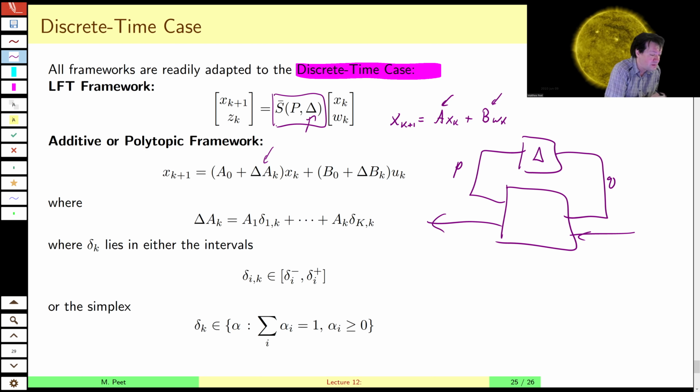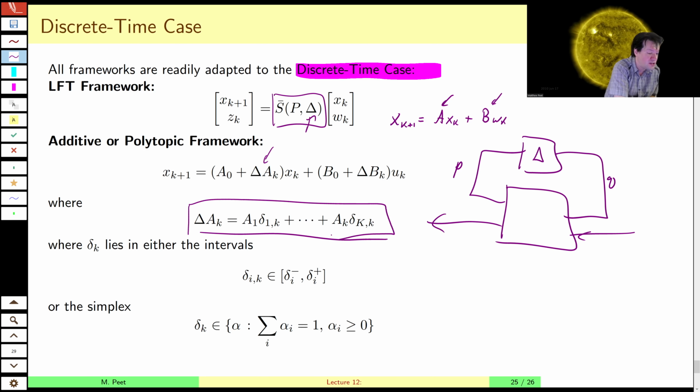Similarly, for the polytopic case, or the interval case, if we can represent the system parameters in an affine way, in that the uncertainties don't multiply each other and they just add together, so there are no 1 over delta terms or delta 1, delta 2 terms or anything like that, it's the same case as in continuous time, but it also works for discrete.